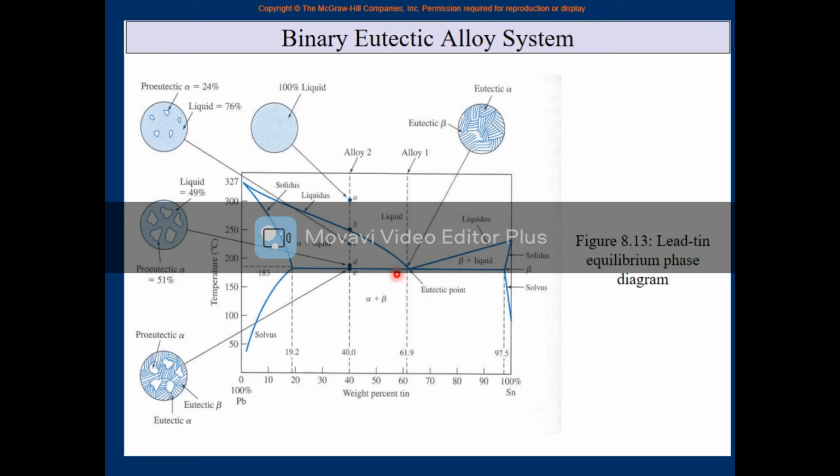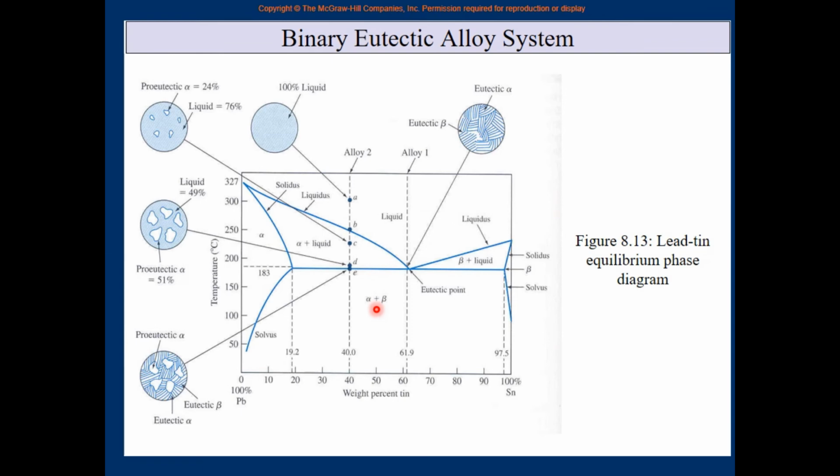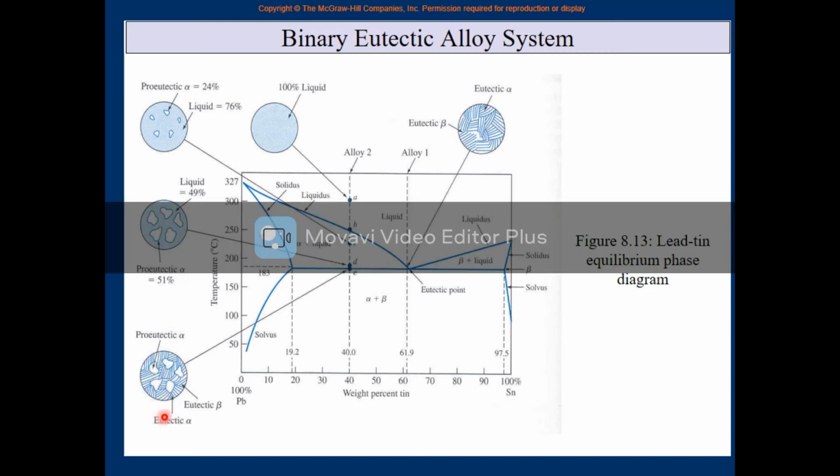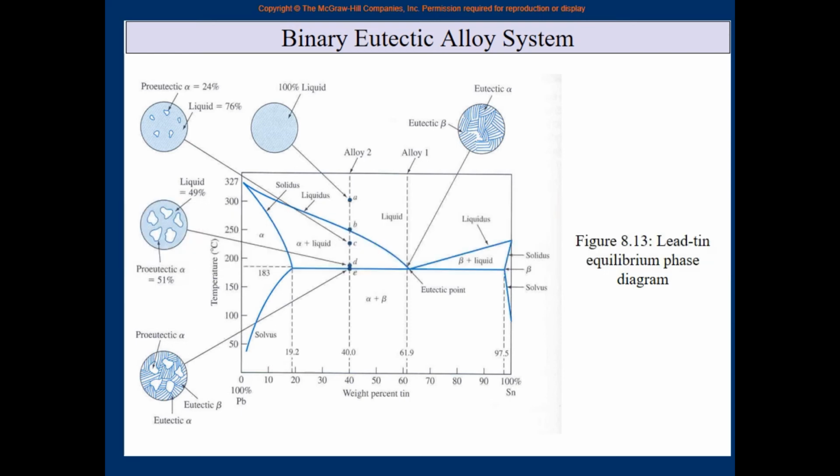And once we hit 183, whatever remaining liquid was there is converted into alpha plus beta, but this is now eutectic alpha and eutectic beta. So the solid formed earlier is pro-eutectic alpha, and the dashed line region is eutectic alpha and eutectic beta, right? I don't know if you are enjoying it, but at least you are learning a lot.